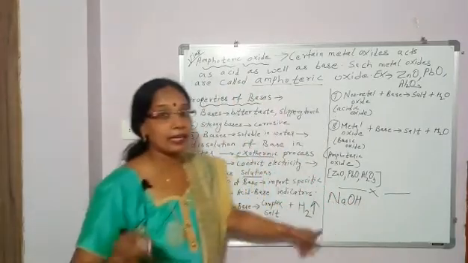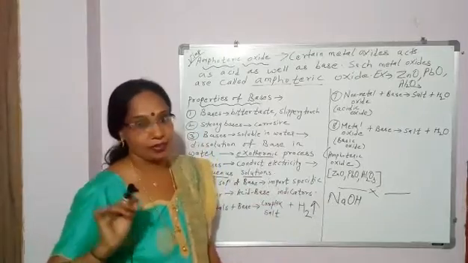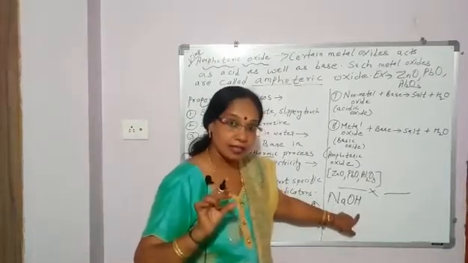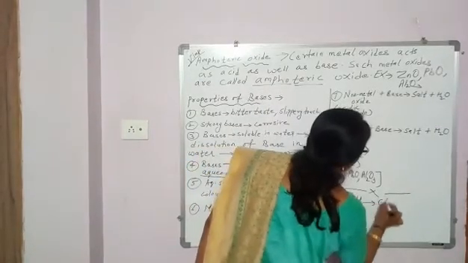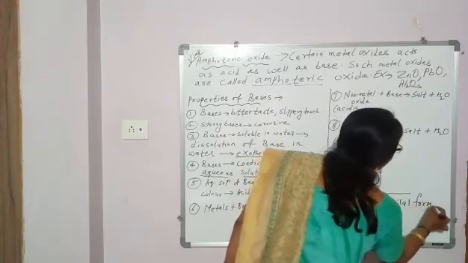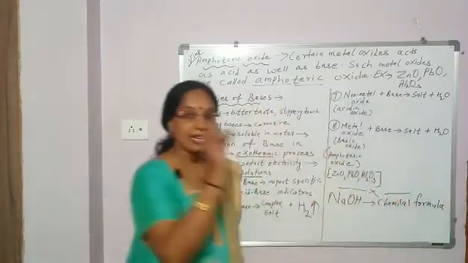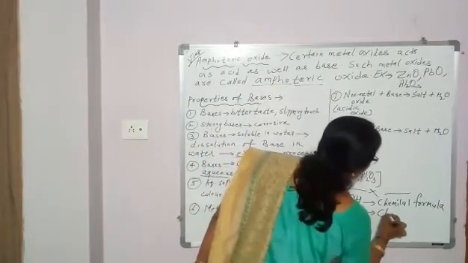What is its chemical name I said? NaOH, sodium hydroxide. And what is NaOH? Chemical formula. You should know the difference. This is chemical formula: NaOH.